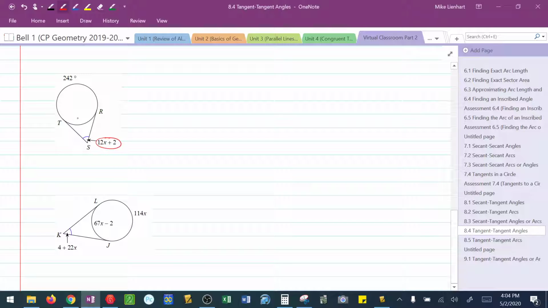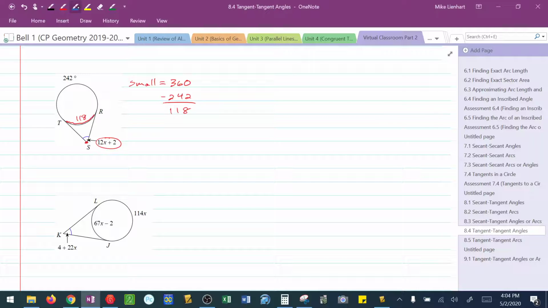So I need to find this smaller arc down here first. The vertex is out. I'm going to subtract big arc minus small arc and take half of that. So to find the small here, I'm going to take 360 and subtract 242. That leaves me with 118, and that's my small arc.